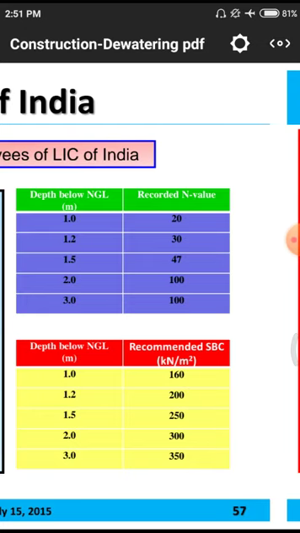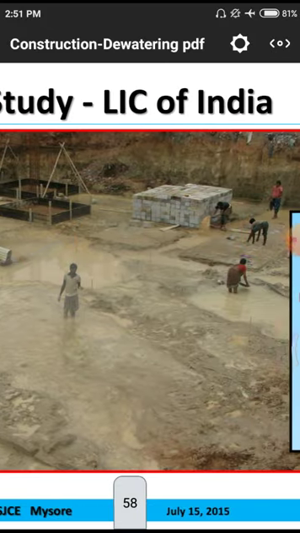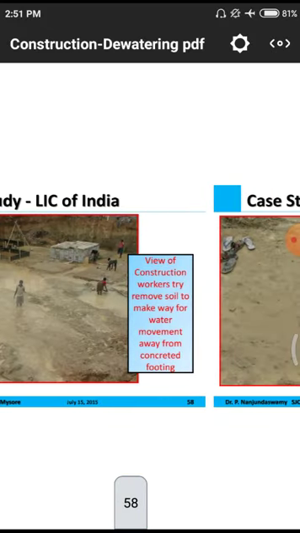1.2, 1.5 to 3, the N value. After that we have the soil bearing capacity in kilonewton per meter square. This is the construction land. In the way of construction works, they try to remove soil and make way for the water movement away from the concrete footing.